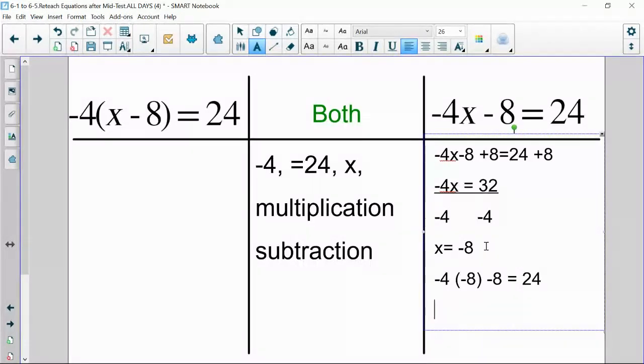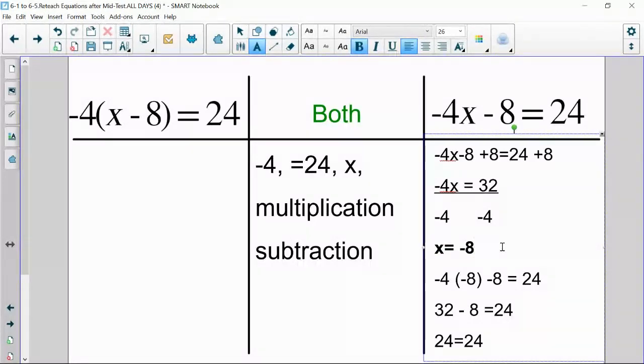What is 32 minus 8? We get 24 equals 24, just what we wanted. I showed what I was adding on both sides, showed that I was dividing, got my solution, and checked my answer. So this here is our solution.